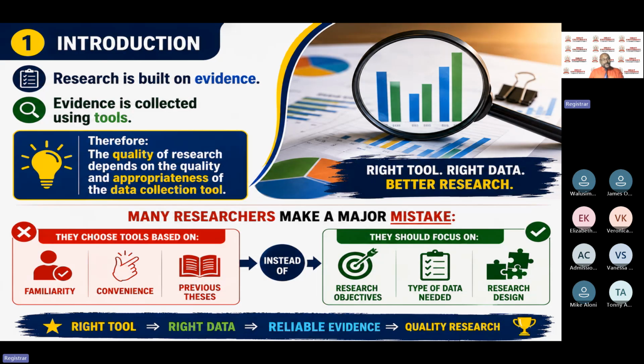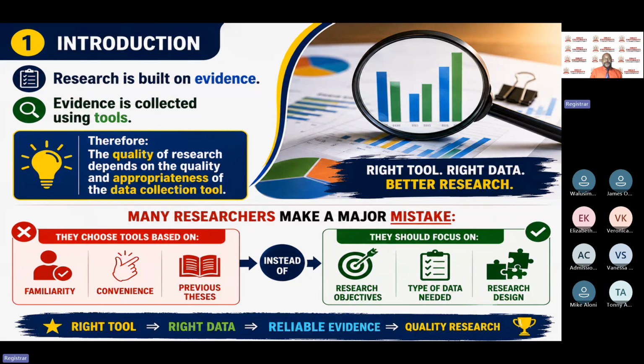But what you have to do, you first look at what is your research question, what is your objective, what you're going to measure, what you are going to relate, what you are going to develop, what relations. Then are you going to explore? You have to choose the kind of research you're going to do.